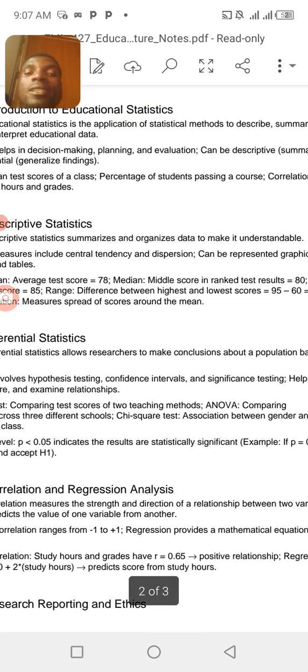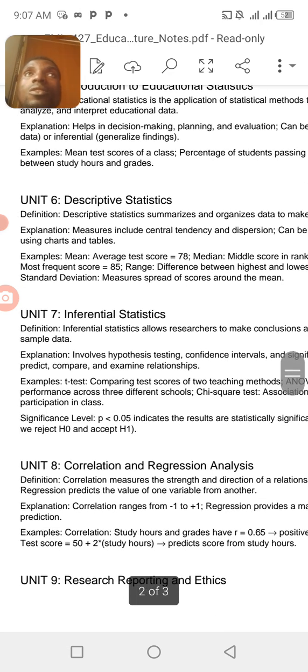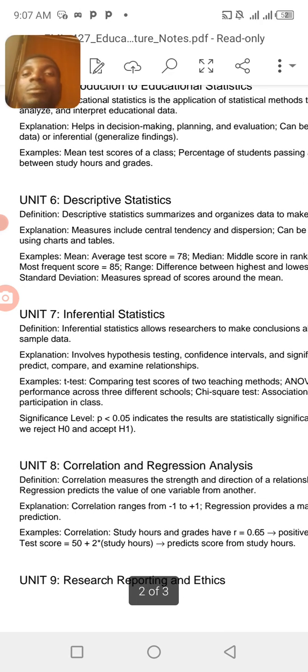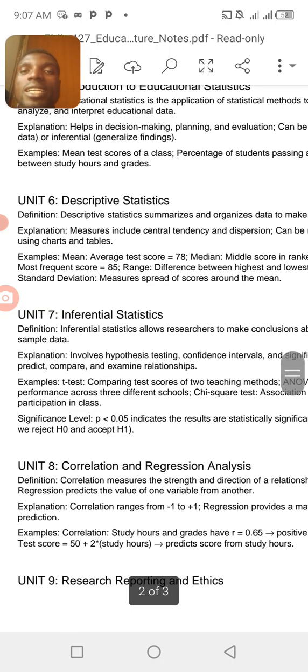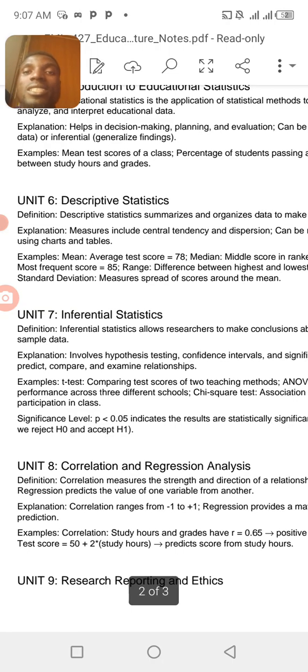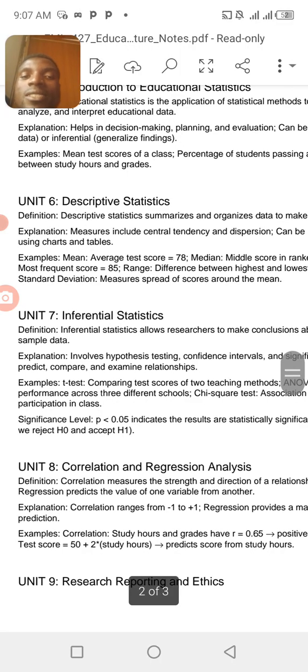Can you see now? To make it understandable. That means for people to know what your research is all about. Because if you leave your interpretation at the correlation level, most people that are not scientifically or research inclined cannot understand what you are referring to or saying, right?